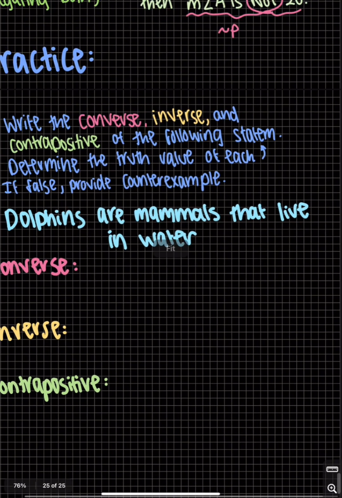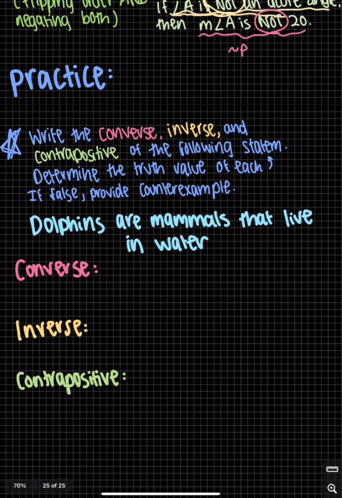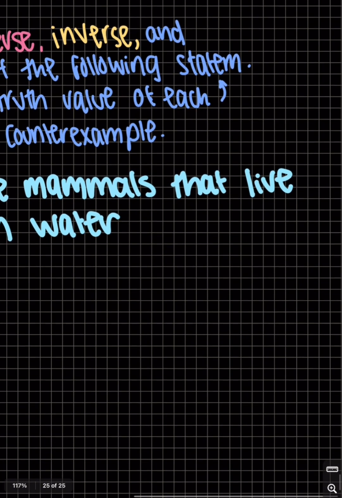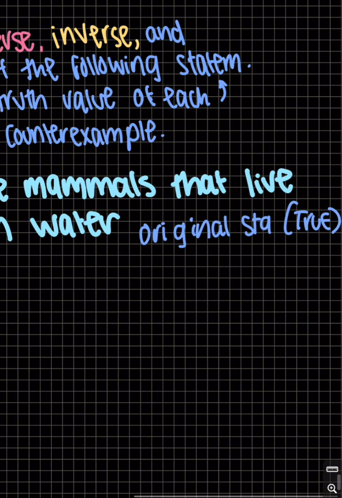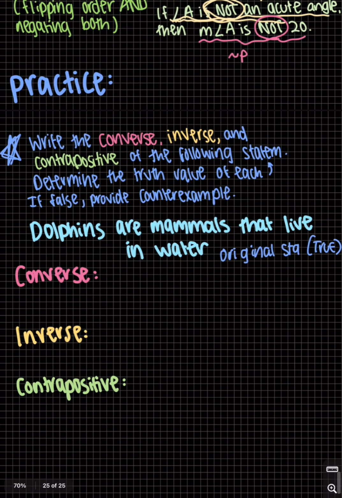Now I want to actually rewrite this statement as a conditional statement so that I can figure out all the converse and everything like that. So the original statement, which is always true by the way, is going to be, if you think about it, dolphins are mammals that live in the water.